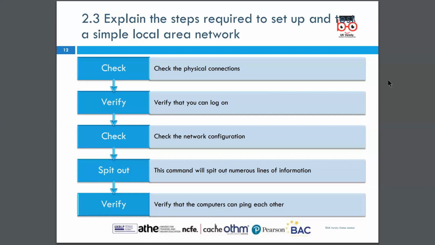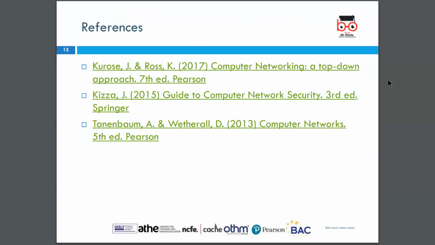Set up and check the network configuration, and then split out. What do we mean by this? The command will split out numbers, lines, and information, so we're basically redistributing the IP addresses. And then lastly, we're going to re-verify, and we can now ping each computer with a specific IP address.